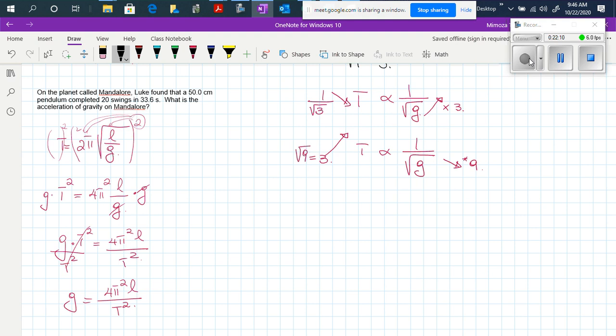However, the period is the time that it needs to complete one full swing. So what we will do is take the total time divided by the total number of swings.